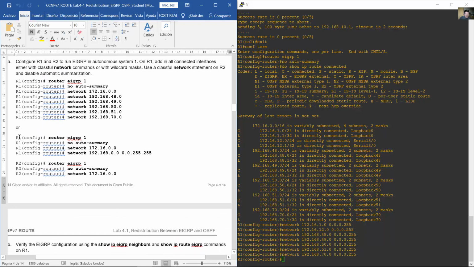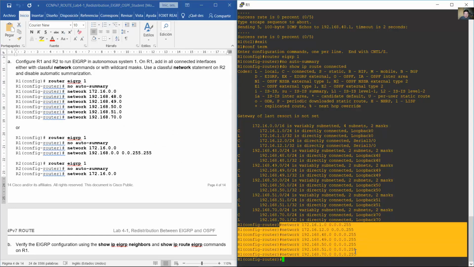Also, you can do this. It's the same configuration like this and like this.